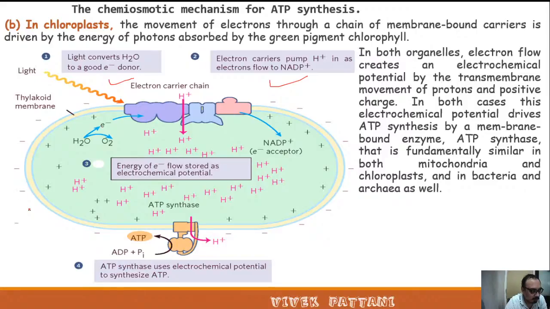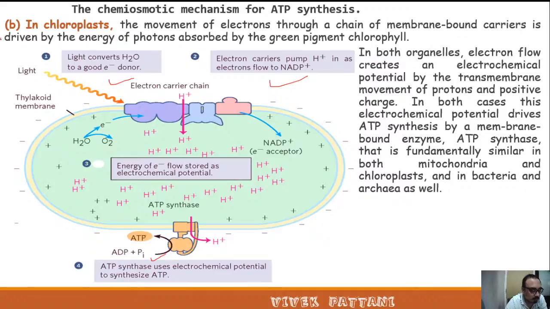Due to the accumulation of hydrogen ions in the membrane and the force generated through the electrochemical potential, it will activate the ATP synthase enzyme, which leads to formation of ATP from ADP. This is how the mechanism works in the case of chloroplasts.